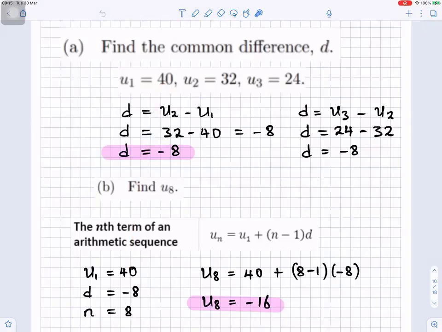The difference is minus 8, which you found in part A. And they want you to find U8, so n is 8. Substitute those values, put them in your calculator, and you will get U8 to be minus 16.